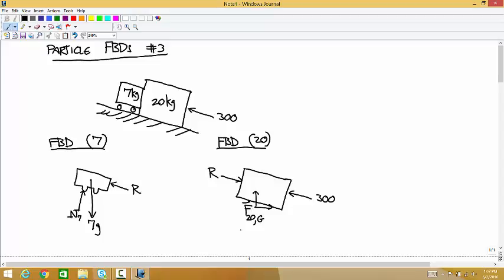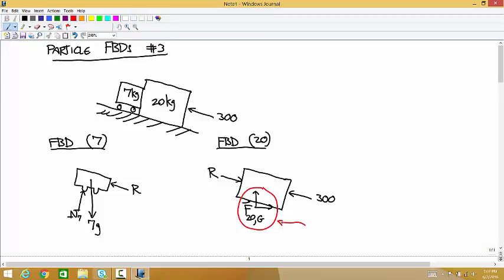That just doesn't help us really in this class. That doesn't make it easier to solve any of the kinds of things we're trying to solve. So instead of breaking it up into a normal and a coefficient times a normal, what you're used to, a normal and a friction force, we just call it all a force vector.